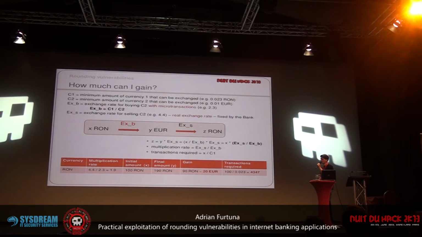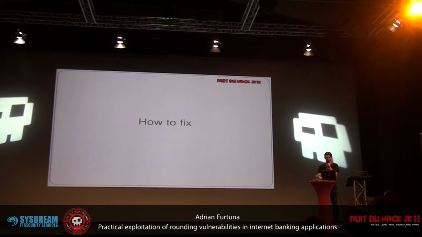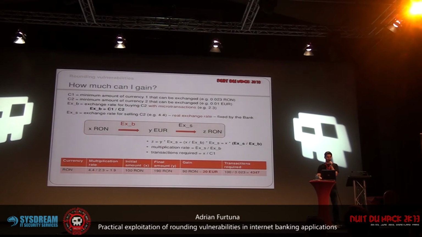But there are also other types of more secure applications which require you to have a physical device called digipass or security token that you must use in order to sign a transaction. We'll see how this can be automated also.